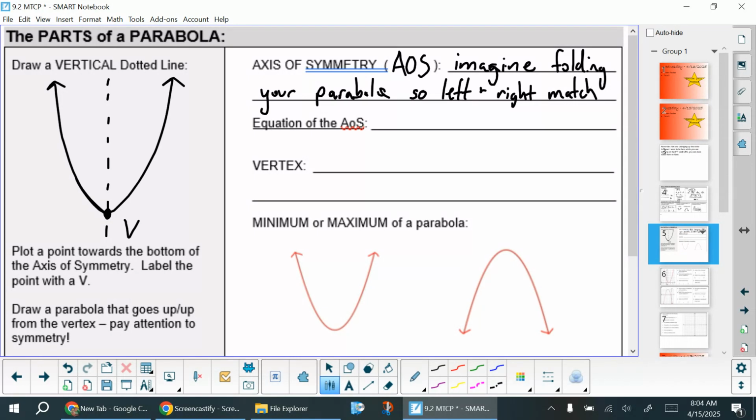If you were to take your parabola and fold it in half so that the left and the right side matched, that's the axis of symmetry. That's that dashed line down the middle. Every single point on your axis of symmetry is the same distance from both sides. So if I counted over 3 boxes there, it would also be 3 boxes there. What you might notice about our axis of symmetry is it's a vertical line, which means it's always going to be an x equals equation. So x equals a number.